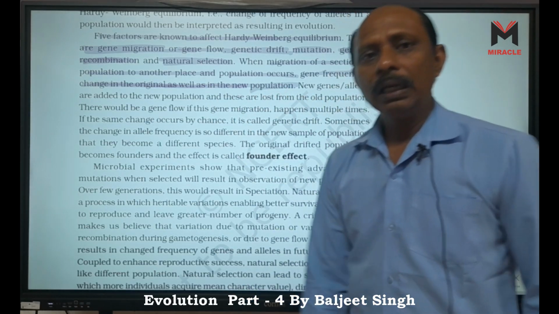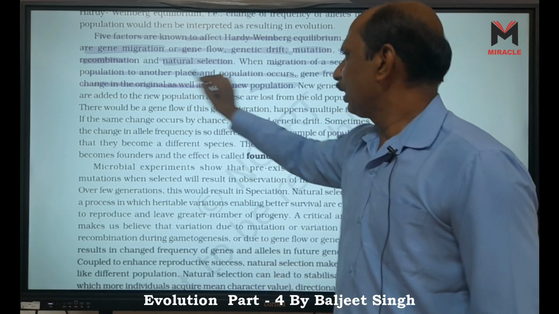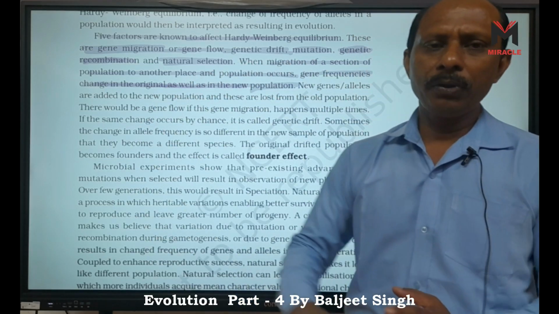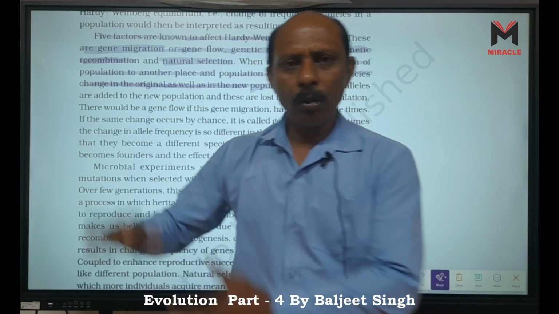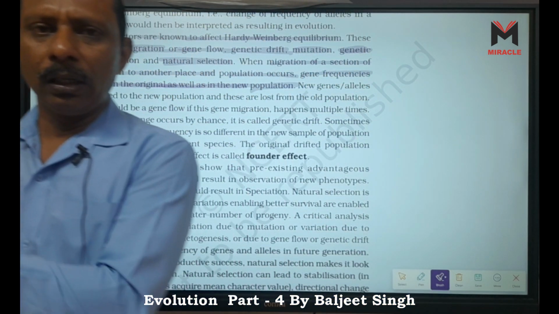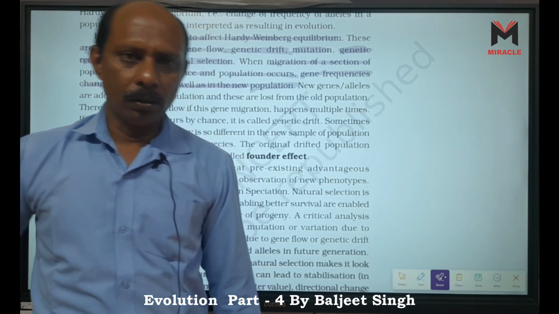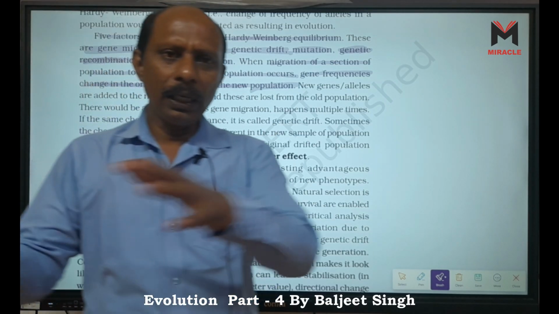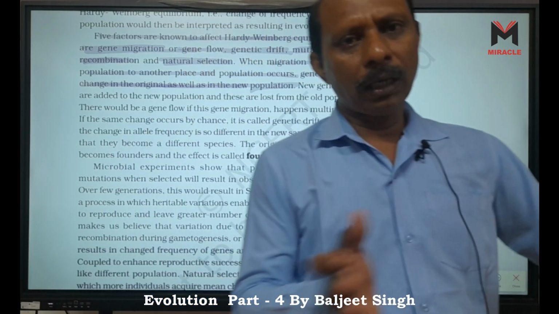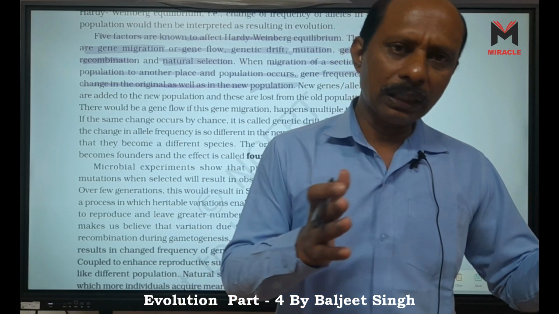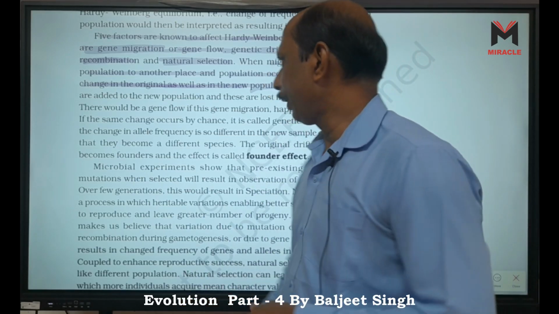Why do gene frequencies change? Because of the migration of a section of population. If some individuals migrate from one place to another, they have some alleles and genes. These genes are lost from the original population, and when they come and mix with the other population, these alleles are added into the new population, right?